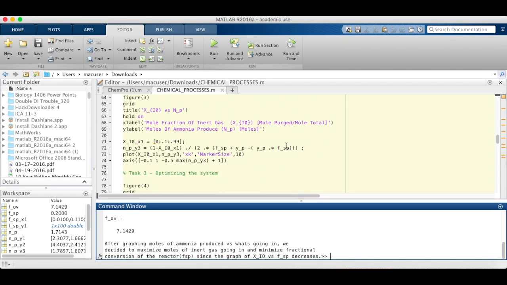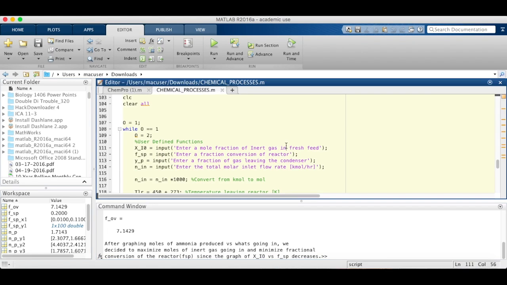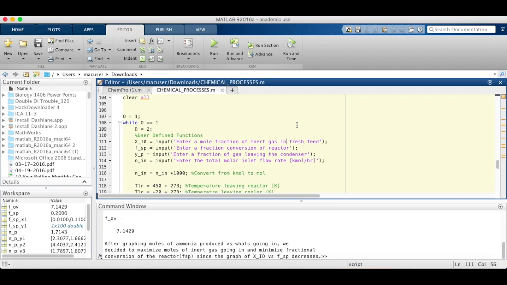All right, closing this out and then running the second script. And also this is, I just printed what we maximize and what we minimize. So it just says after graphing moles of ammonia produced versus what's going in, we decided to maximize moles of inert gas going in and minimize fractional conversion of the reactor, since the graph of X initial naught versus FSP decreases.